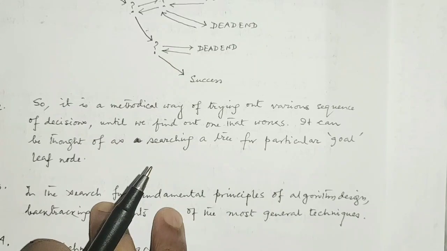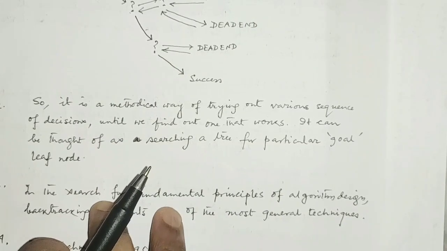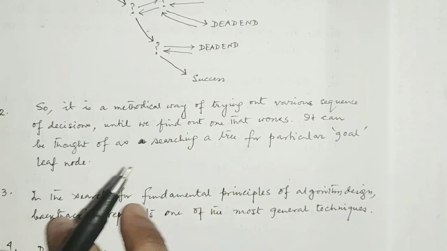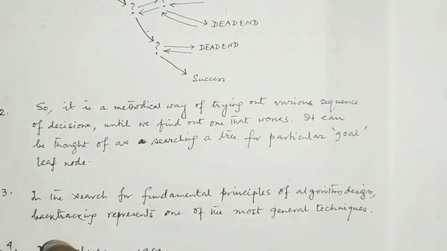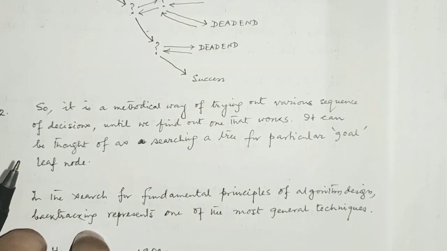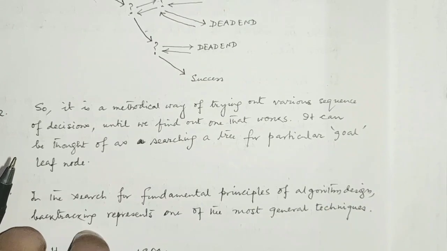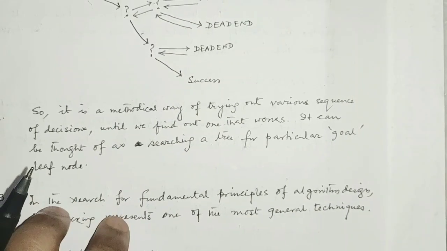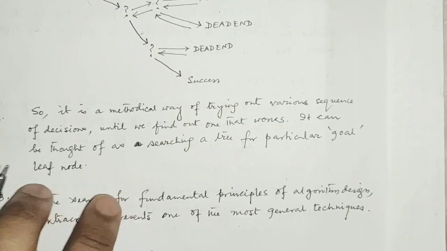What I told is, in the search for fundamental principles of algorithm design, backtracking represents one of the most general techniques. It is not as critical as other algorithm design techniques; it is the most general technique. Many problems which deal with searching for a set of solutions, or which ask for an optimal solution satisfying some constraints.